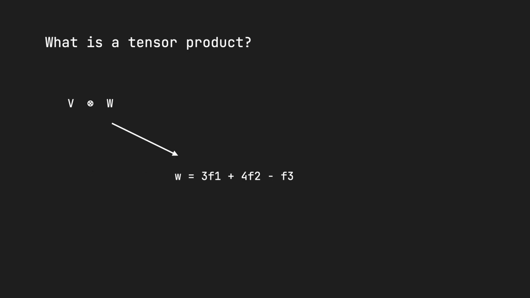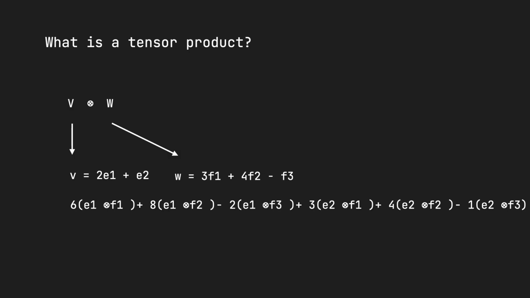If I were to follow those bilinearity rules and do their tensor product, this is the new element, an element of that tensor product vector space. And this is what it looks like.